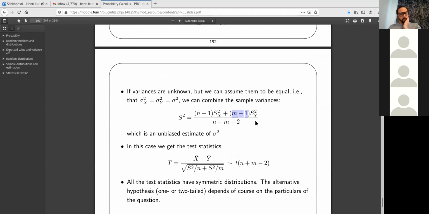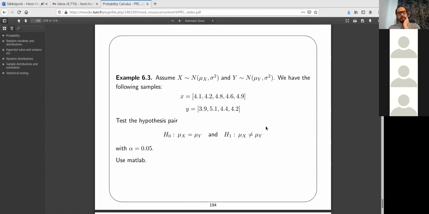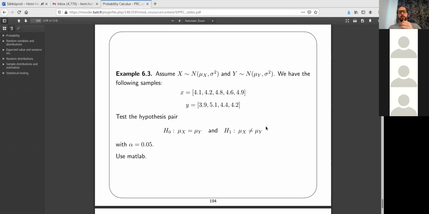All right. But here's the test, and let's say we have these two variables, x and y. We have the same variance, and we have these two samples. The variance is unknown, but it's the same. And we have x with a sample size of 5, and y has 4 samples.